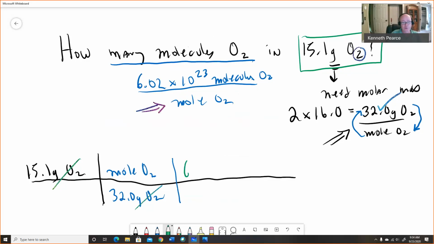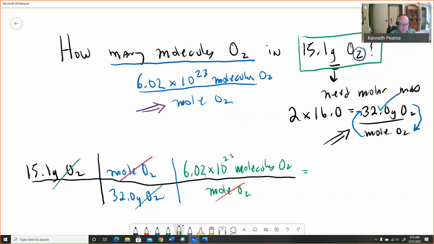And so we say 6.02 times 10 to the 23rd molecules O2 for every mole O2. And we're done. And moles O2 canceled, everything cancels, and we're left with molecules. So now I have something that I can put into my calculator.